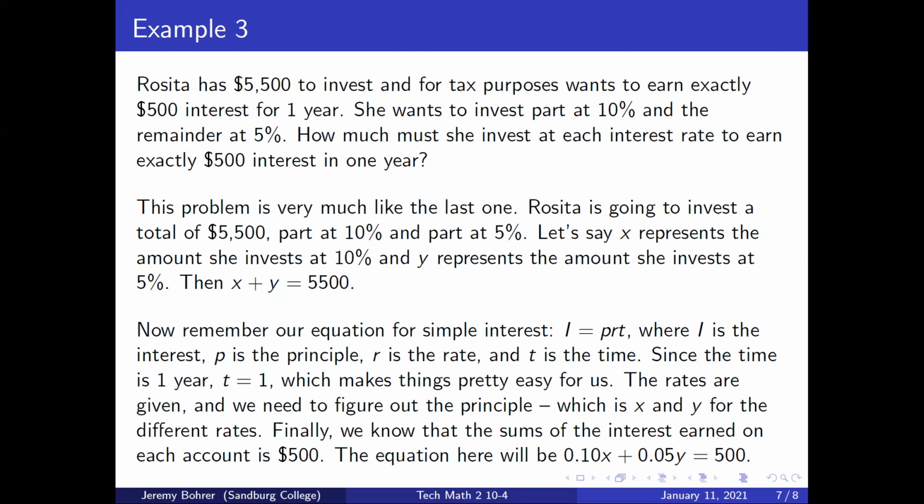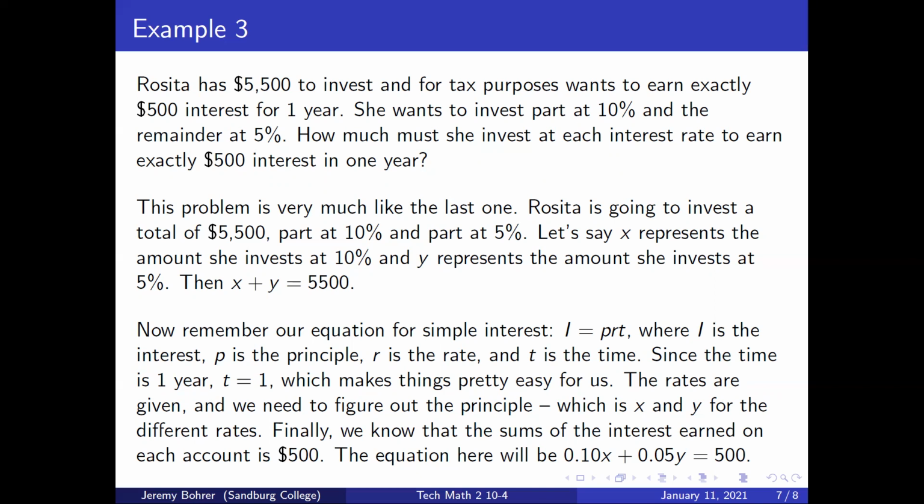Let's say X represents the amount that she invests at 10% and Y represents the amount she invests at 5%. Then X plus Y equals 5,500. Now remember our equation for simple interest. I equals PRT, where I is the interest, P is the principal, R is the rate, and T is the time.